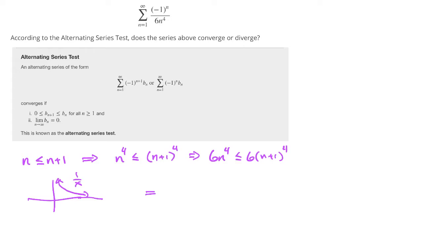And so what we end up with is that 1 over 6 times n to the fourth is greater than or equal to 1 over 6 times n plus 1 to the fourth power. And so our first condition in the alternating series test, namely that b sub n is greater than or equal to b sub n plus 1, and that those are always greater than or equal to 0, is satisfied.